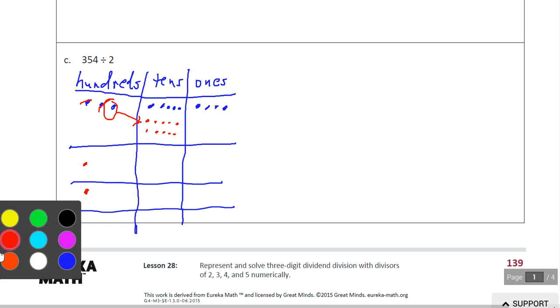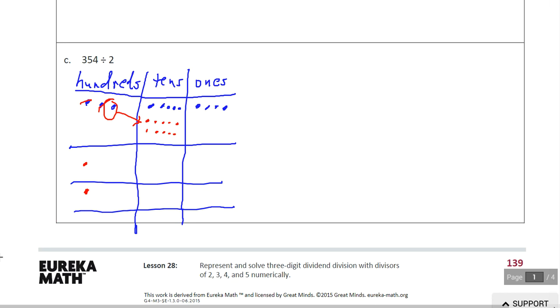So let me just change colors just to show you all what's going on here. So 1 here, 1 here, 1 here, 1 here. That's 4. And then I'm going to just pop these 5 in here. 1, 2, 3, 4, 5. So that's all these. And I'll pop these 5 in here. 1, 2, 3, 4, 5.